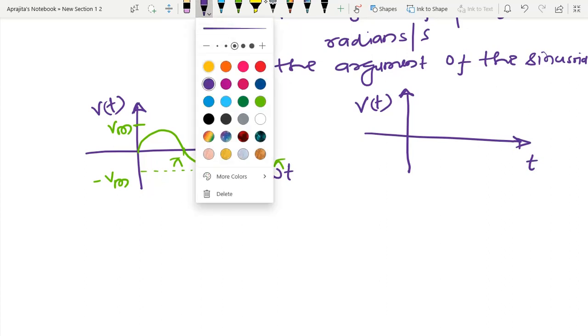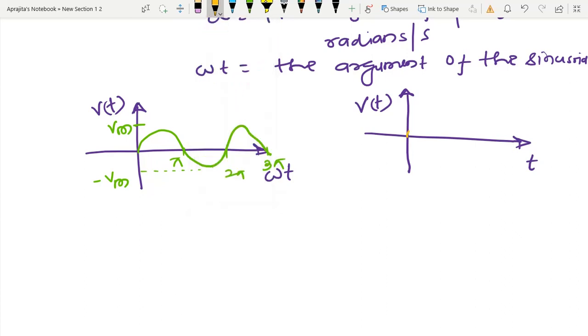So again this is the nature of the function, so the nature remains the same, and here this point is T by 2, this is T, this is 3T by 2, and again here the peak point is Vm and this particular thing is minus Vm.